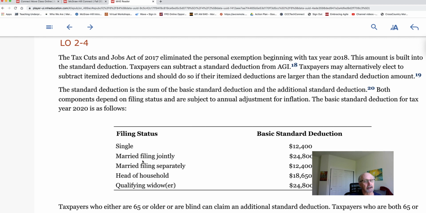For married filing jointly, $24,800, obviously 2. Married filing separately gets the same as single, $12,400. Head of household gets $18,650. And finally, the qualifying widower or widow gets the same as married filing jointly, which is $24,800.